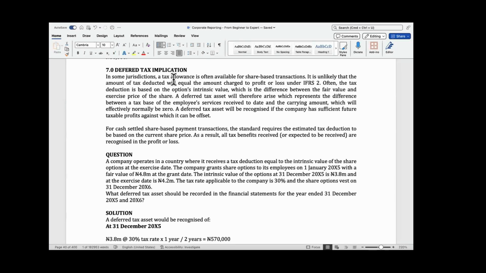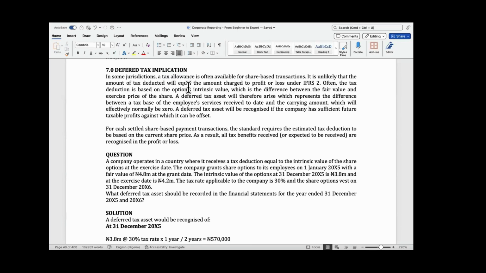So in the exam, or even practically, what you have recognized today, the taxman will look at it and say, no, this is not what I want. What the taxman would want is how much the employee will actually pay for these shares.